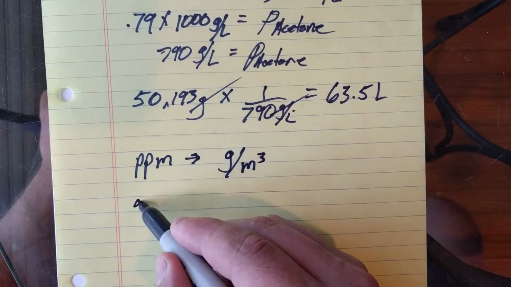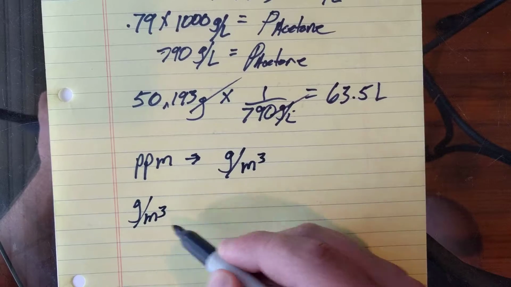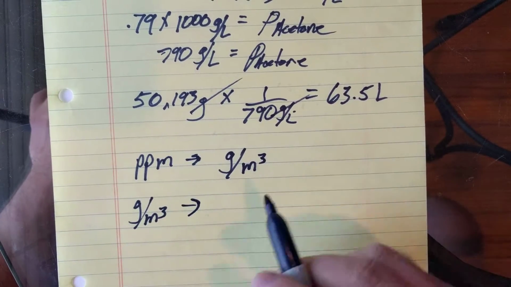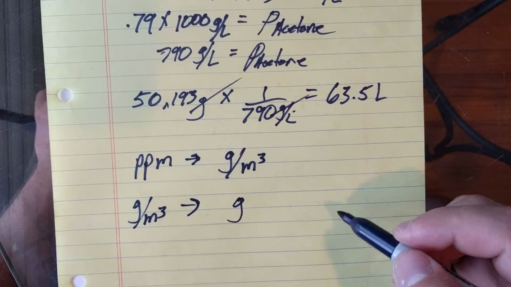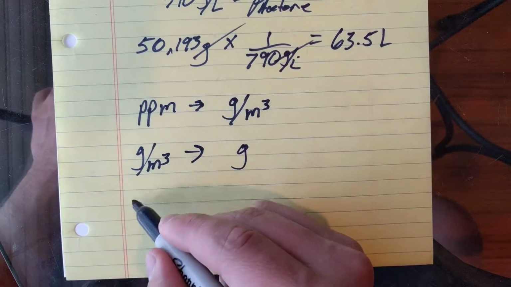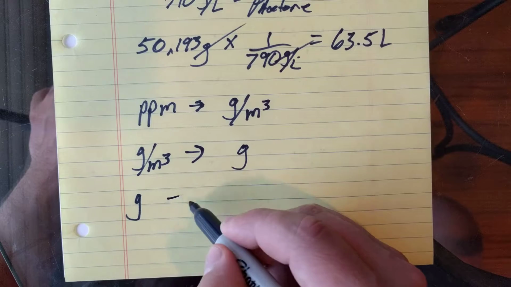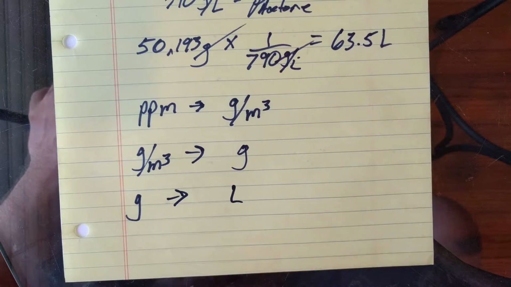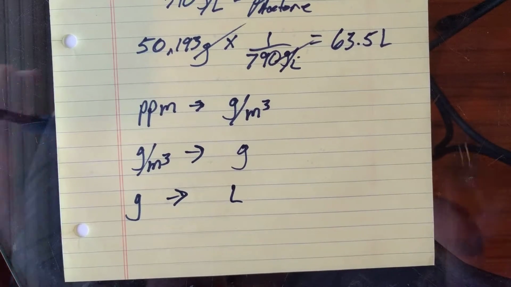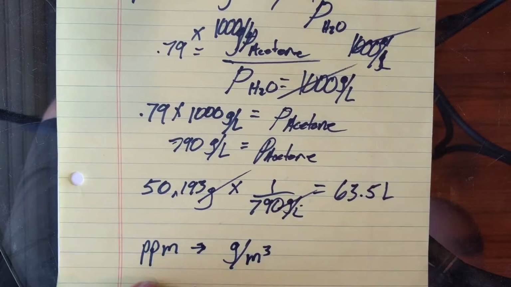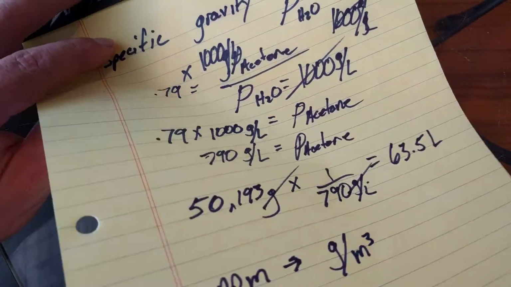Then we needed to get from grams per meter cubed to grams. And then we had to get from grams to liters. And then we had our answer, okay? So, what did we do to accomplish that?